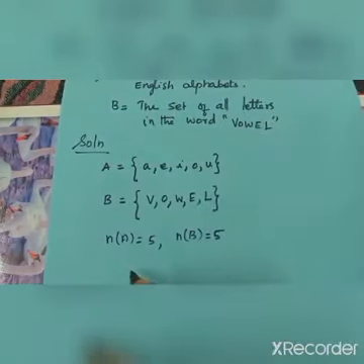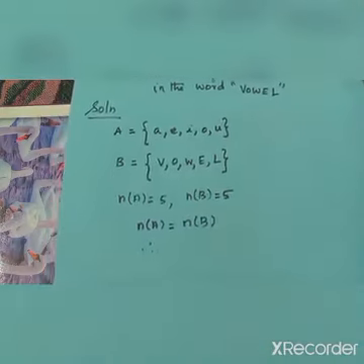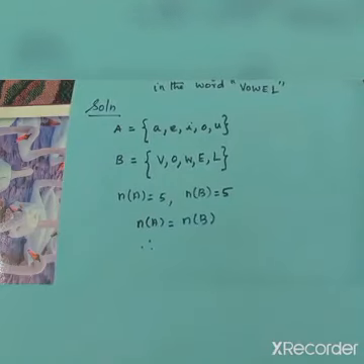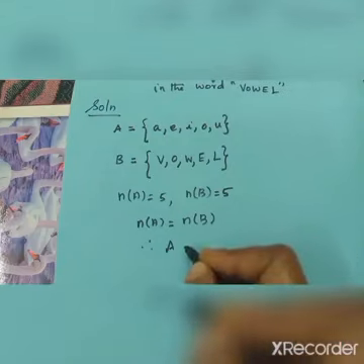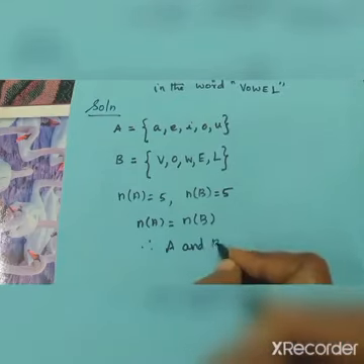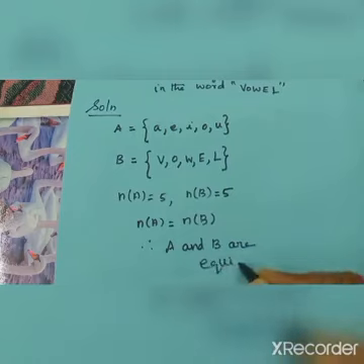So n of A is equal to n of B. Therefore, A and B are equivalent sets.